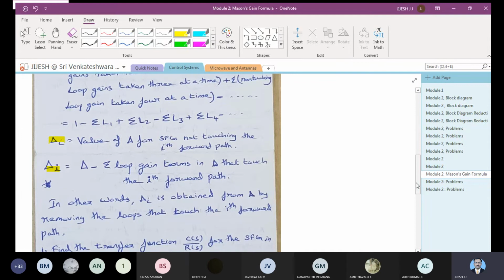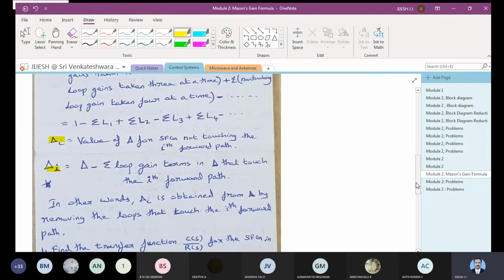Here, what you have to understand is: what do you mean by forward path? What do you mean by forward path gain? What do you mean by loop? What is loop gain? And what do you mean by non-touching loops? And how to take the forward paths, how many forward paths are available in a problem, all these things you have to understand.